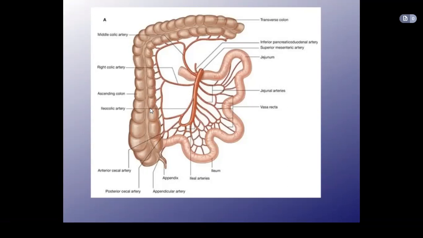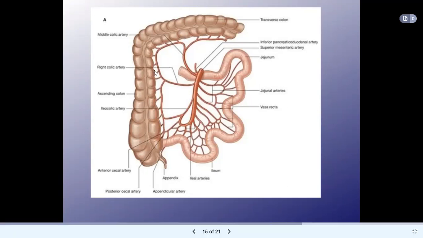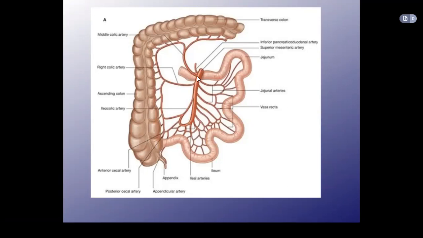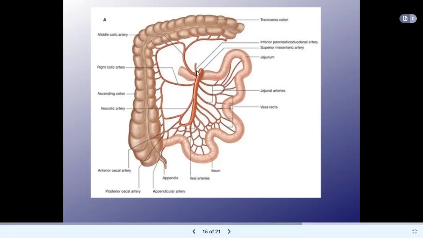Okay, now, so these are the major branches of the superior mesenteric artery, and we said they supply the mid gut. So arteries that supply the mid gut: the main artery is superior mesenteric artery, the branches, the inferior pancreaticoduodenal artery, and then the middle colic artery supplying transverse colon, the right colic artery supplying ascending colon.